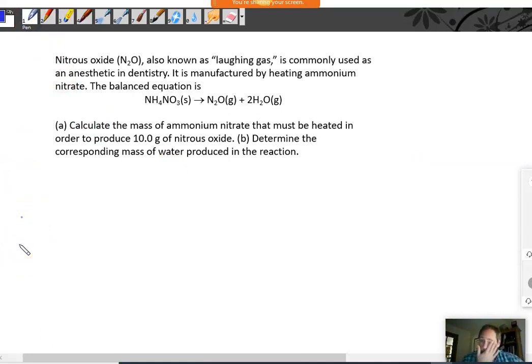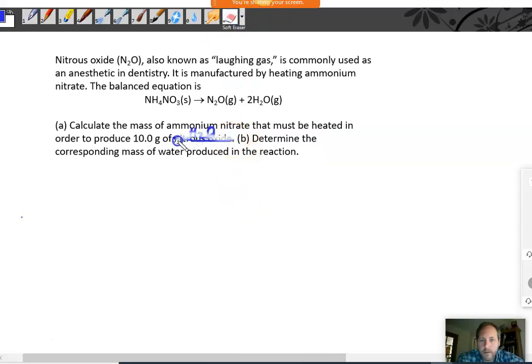Okay, so nitrous oxide, N2O, also known as laughing gas, is commonly used as anesthesia in dentistry, and is manufactured by heating ammonium nitrate in the balanced equation. So calculate the mass of ammonium nitrate that must be heated in order to produce 10 grams. I'm going to actually change this into water. Okay, actually, you know what?